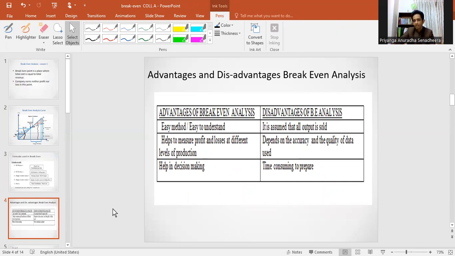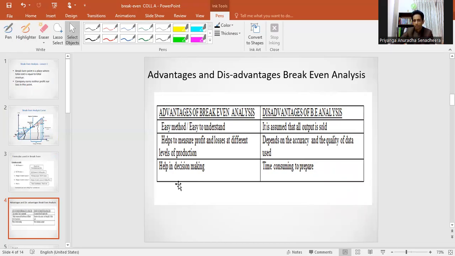The next slide tells you about the advantages and disadvantages of break-even analysis. First, the advantages. This is an easy method and easy to understand.